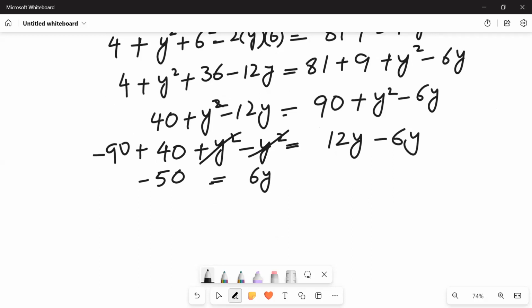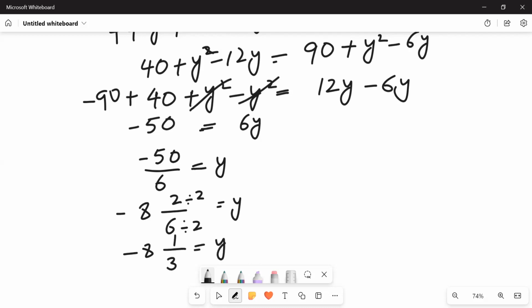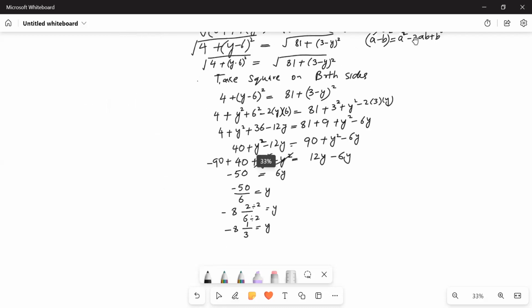So we divide by 6. This is an improper fraction, so 6 times 8 is 48, and 2 is the remainder with 6 as divisor. So we can divide by 2 and 2. It will be 1 over 3. This is the y value actually.